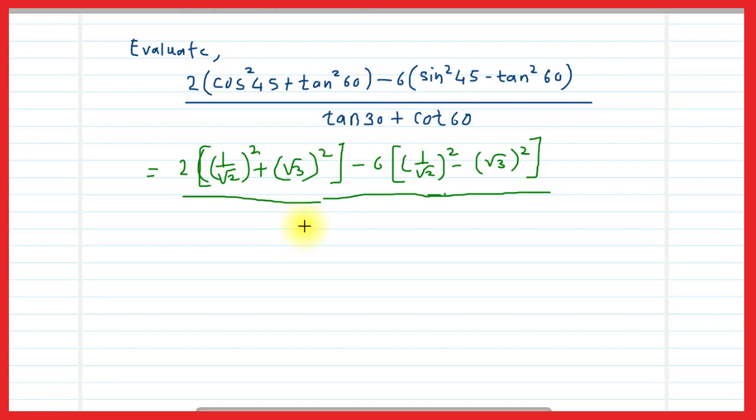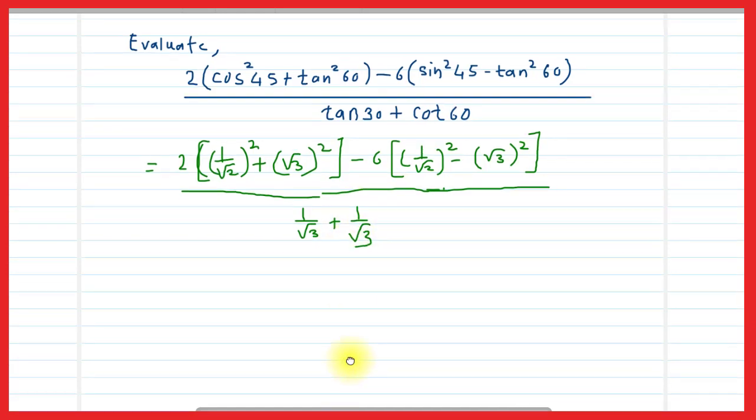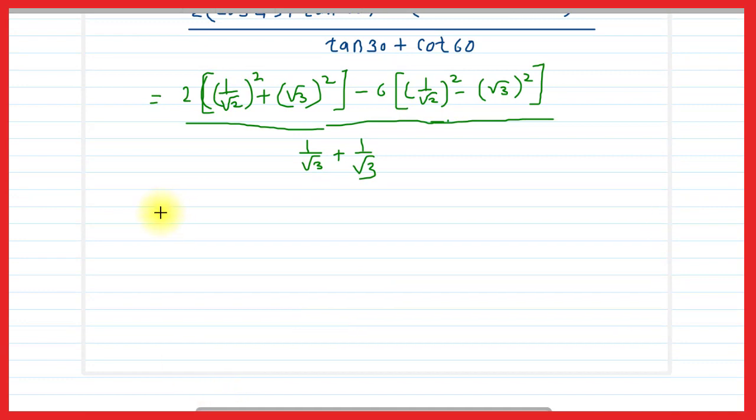Tan 30 is 1 upon root 3 plus cot 60 is also 1 upon root 3. Solve this further. So here it will be, which is equal to 2 into bracket (1 by root 2) square, that is 1/2, plus root 3 square will be 3, close the bracket, minus 6 inside the bracket (1 upon root 2) bracket square, that is 1 upon 2, minus root 3 square will be 3.